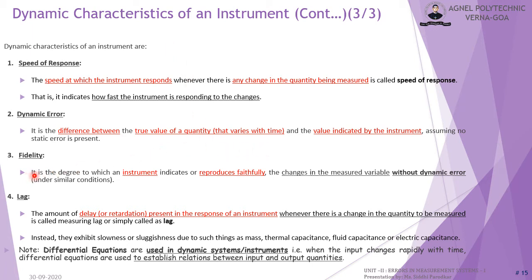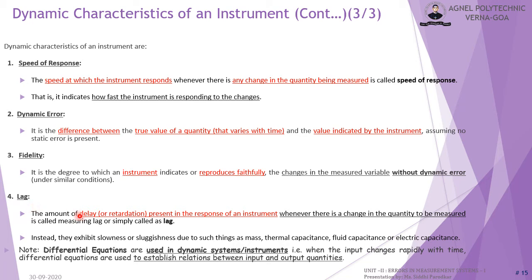Third one is fidelity. Fidelity is defined as the degree to which the instrument indicates or reproduces faithfully the changes in the measured variable without any dynamic error. This is carried out under similar conditions. Fourth one is lag.